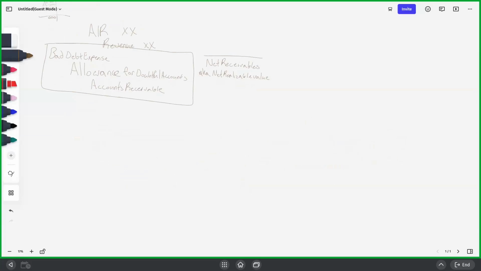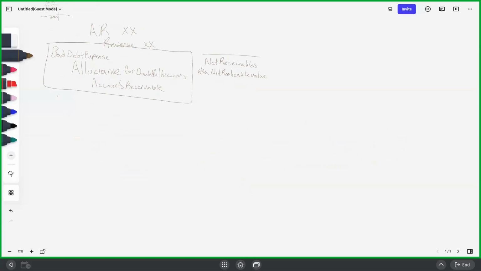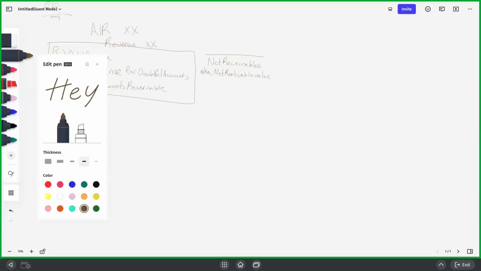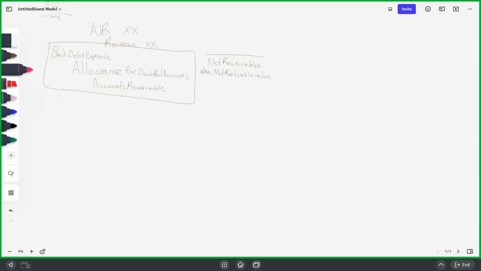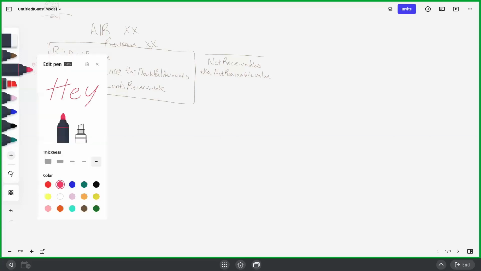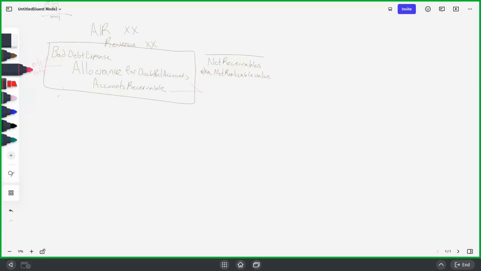If you hide accounts receivable, you have the exact journal entry for doing any adjusting entry. If you hide bad debt expense, you have every journal entry for write-off. Let me write it down. So if you were to cover up completely accounts receivable.